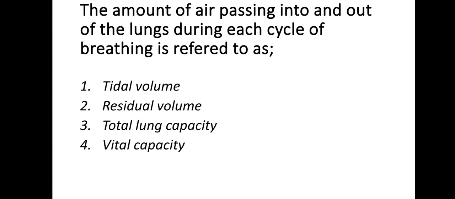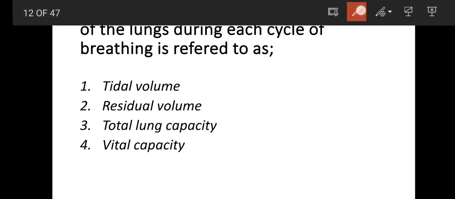The amount of air passing into and out of the lungs during each cycle of breathing, during inspiration and expiration. One cycle of breathing is one inspiration and one expiration. The answer will be tidal volume.